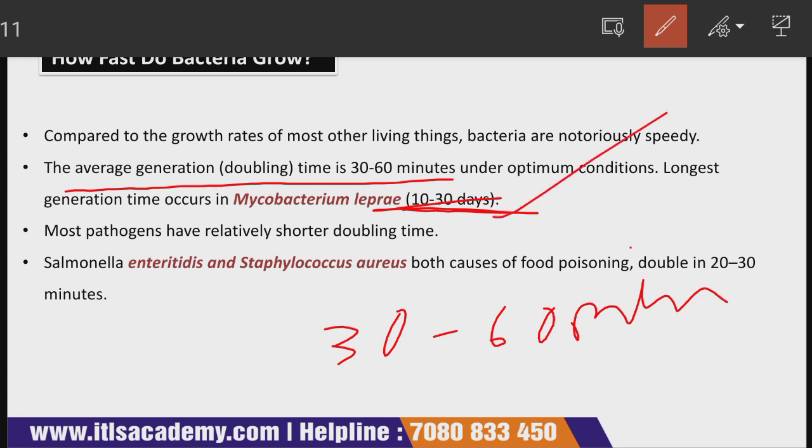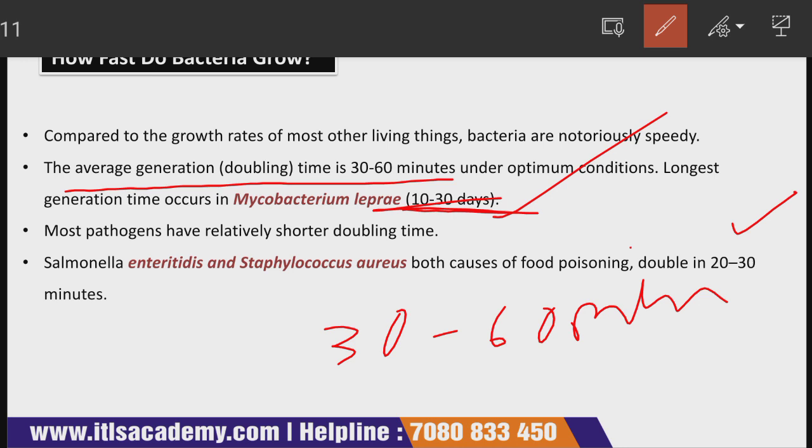And apart from the longest, if they ask you about the shortest time, then it is 20 to 30 minutes. That is the case with Salmonella and Staphylococcus aureus. This is something you need to remember.